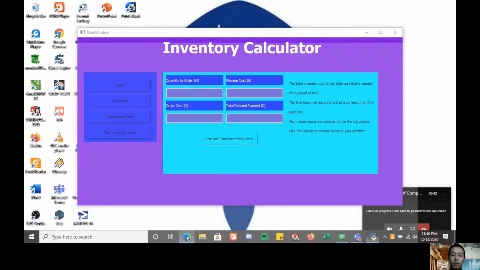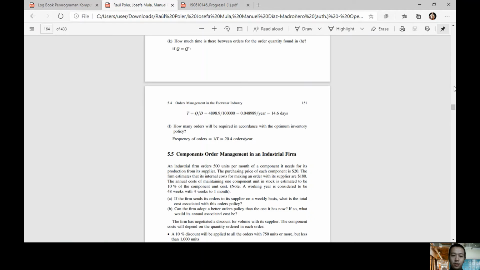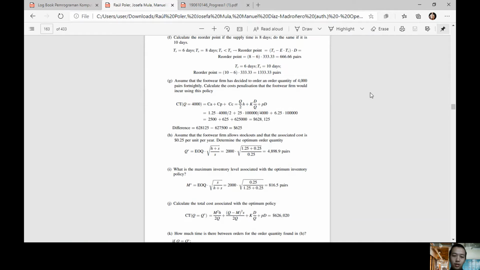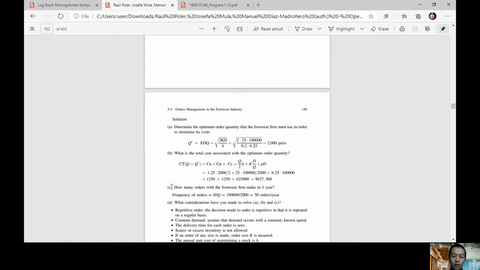The problem I got from this book is problem 5.4, order management in the footwear industry, and it is focused on several problems like this one: the total cost, and this is the equation: Q divided by 2 times h plus K times D divided by Q plus pD.